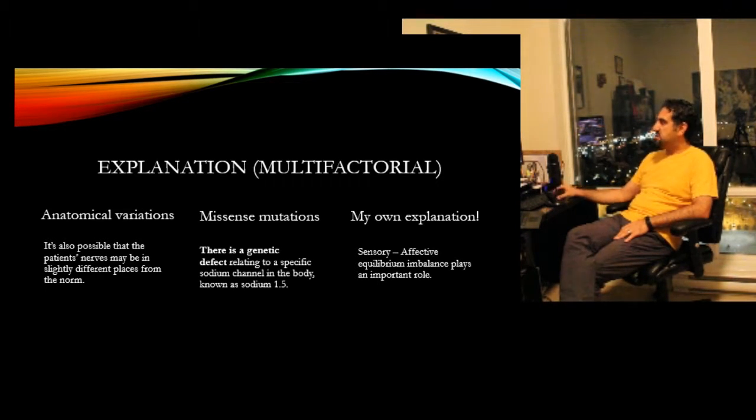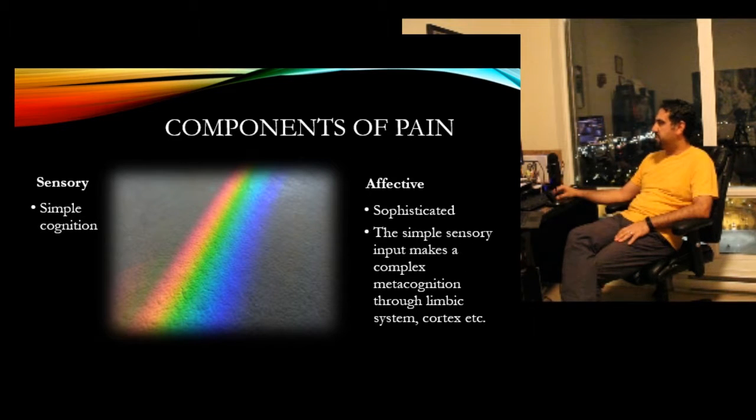But this presentation is about my own explanation of resistance to local anesthetics. My model is based on sensory and affective components of pain. And when the equilibrium is not balanced enough, the local anesthetics cannot work. Let's dive deeper. Let's say there are 2 components of pain.